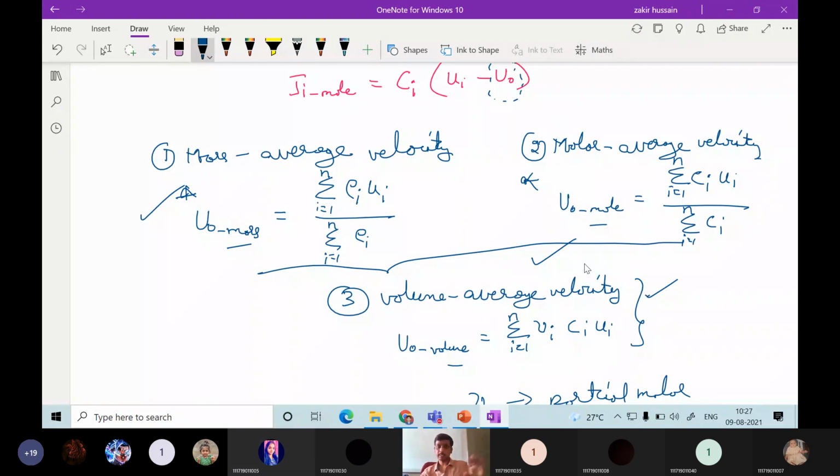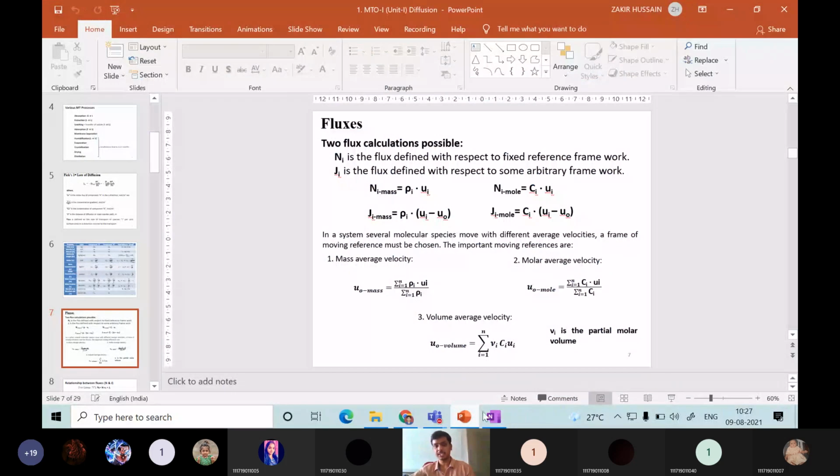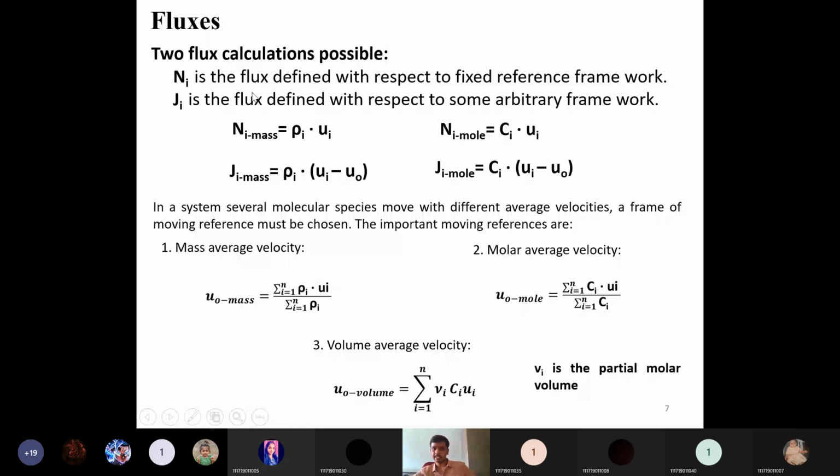Yes, sir. Okay, in the next class we will see the relationship between N i and J i. In this slide, the definitions of these two fluxes are provided, with these formulas.